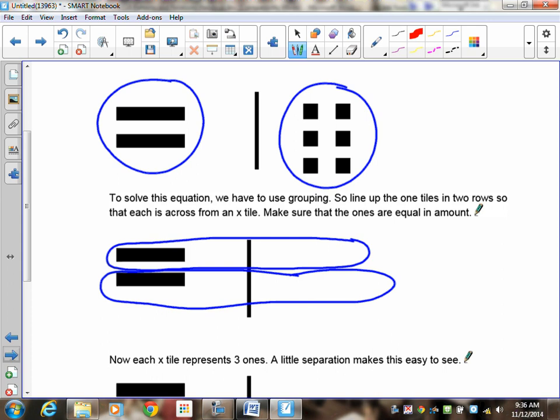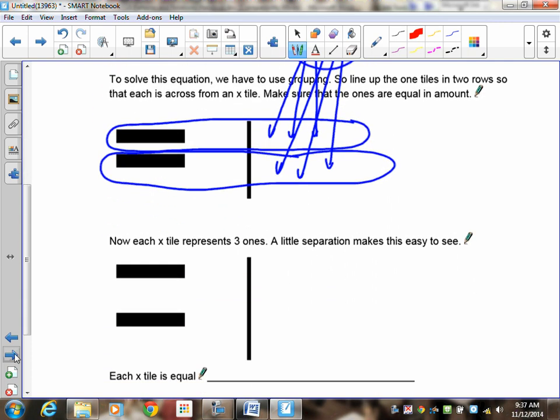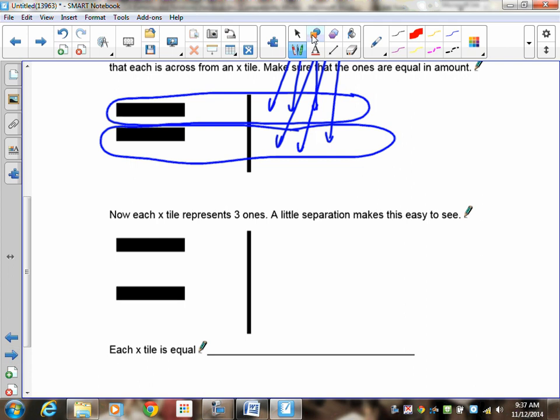So what's going to happen is I'm going to take one of these to go here, one there, and one there, and then one here, and one here. So what does that look like? Well, take a look. It's going to look like this. Here is my 3, and here's 1, 2, 3, 1, 2, 3.